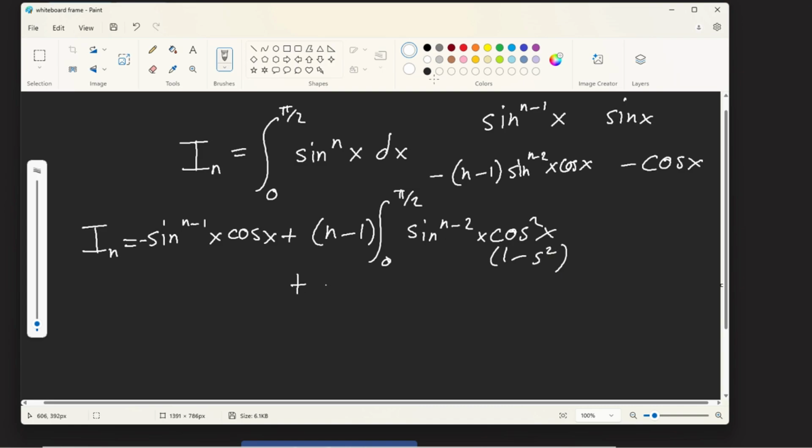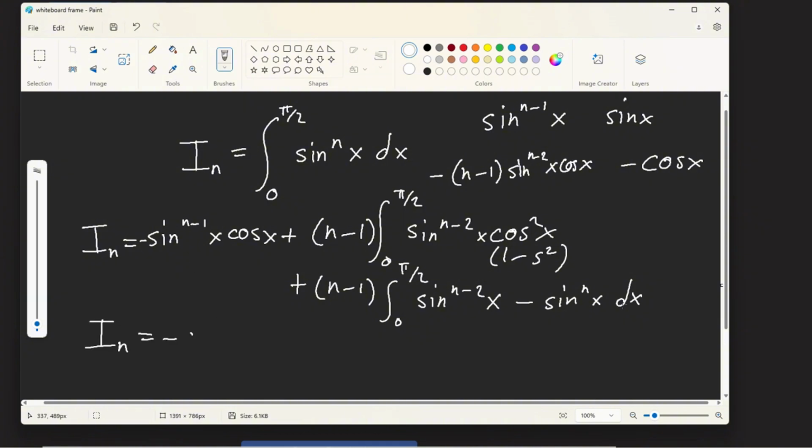So now you have n minus 1 integral from 0 to pi over 2 of sine of n minus 2 x minus sine of x. I'm sorry. Pretty much you get the whole gist of this, right? I of n. You get an integral recursion. You get a recursive formula pretty much, like a sequence formula or a sequence equation.